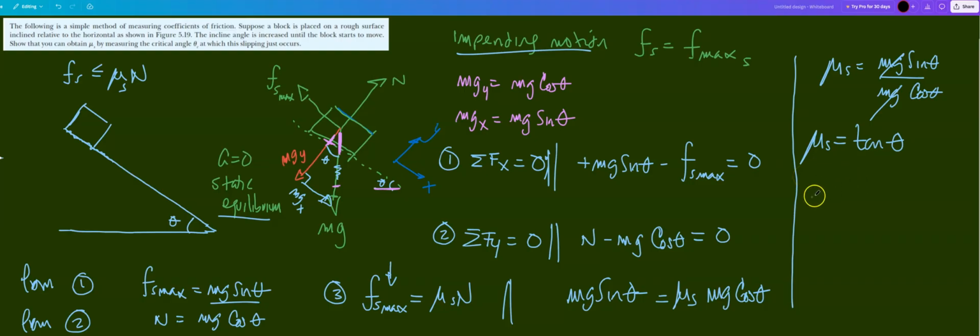So let's say hypothetically that the angle is 47 degrees. So the coefficient for that experiment, for a pair of two materials, will be 1.07, which would be an extremely high coefficient. It's not easily found in nature.